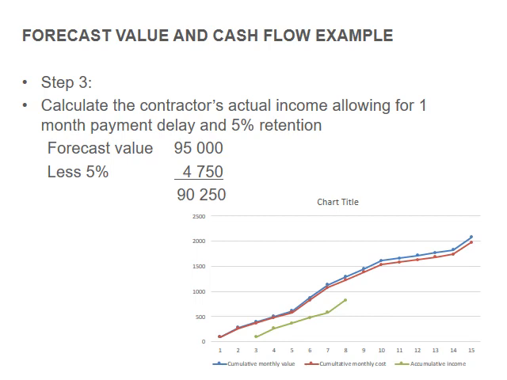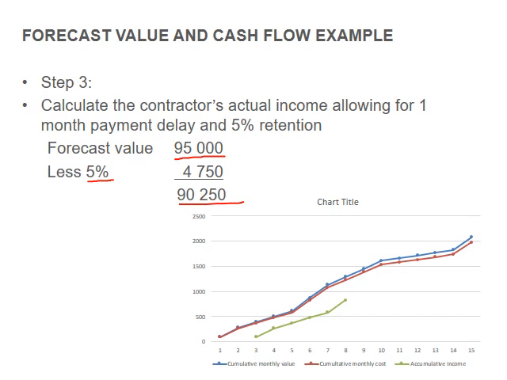Step 3, then calculate the contractor's actual income, allowing for 1 month payment delay and 5% retention. Okay, so forecast value. After month 1, the cumulative value was 95,000 rand, and then we deduct 5% on that. So this is our actual amount that we could claim per month.